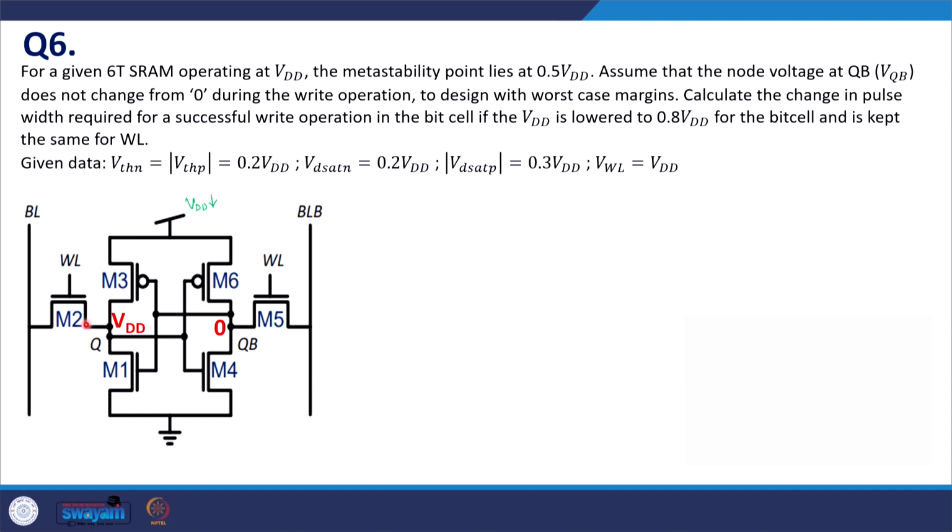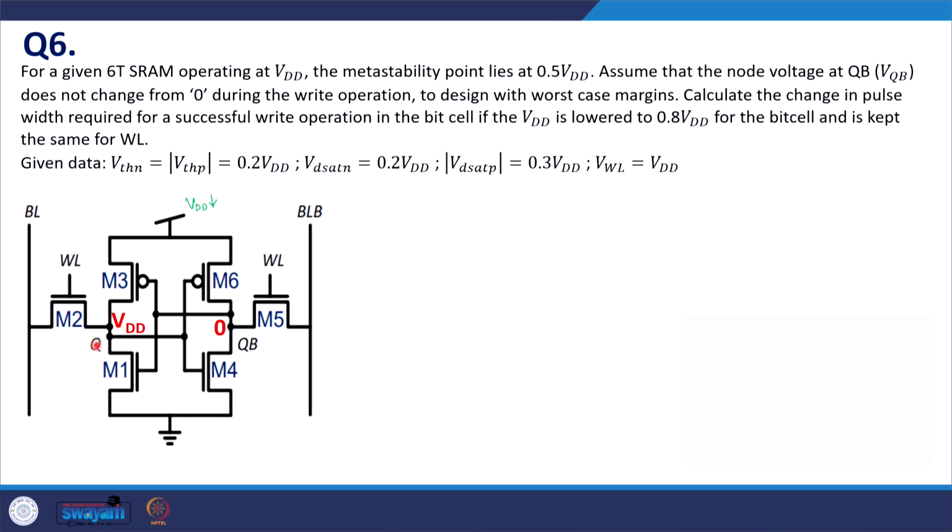So, we calculate what is the current, and that current would discharge this. Now, for higher VDD what is that current and for lower VDD what is that current. The ratio of those two currents would determine how long the pulse is. We are assuming that current to be the current during the pulse, which is not true, the current would change. Initially it is at VDD, so it would discharge with a large current, but once the voltage value of Q reduces, it would discharge with a smaller current. So, we are estimating the current at the metastable point, so that it is the lowest current that we are using for calculating our pulse width.